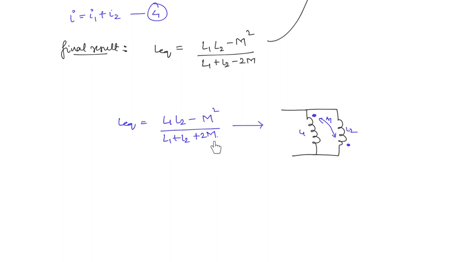Since this term is coming in the denominator, here you get a plus sign, whereas in the case of the series inductor, this term was in the numerator, so for the additive connection we got L1 plus L2 plus 2M. I am just telling this so that it will be easier for you to remember the difference between the series and parallel connections as well as the additive and the differential connections.